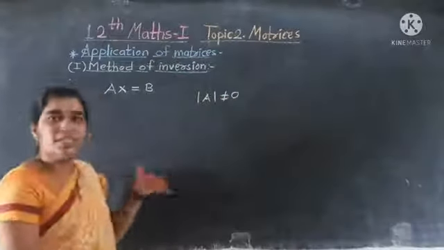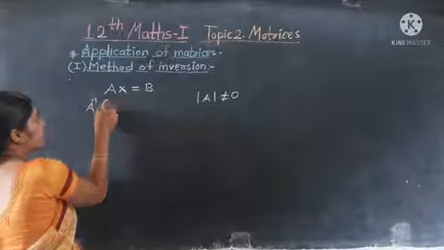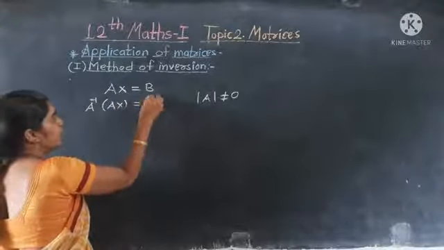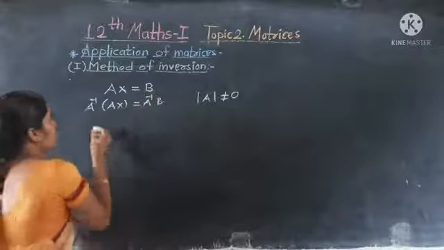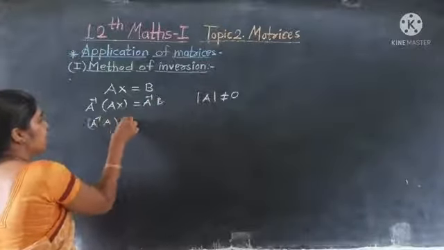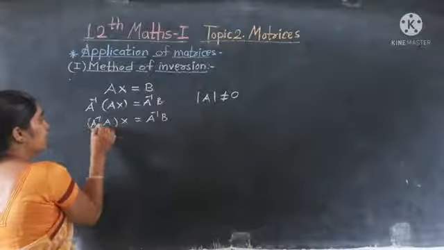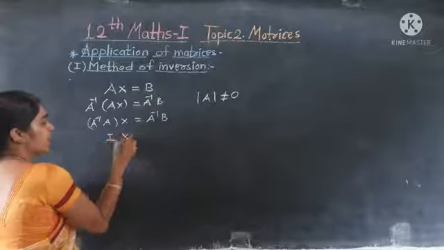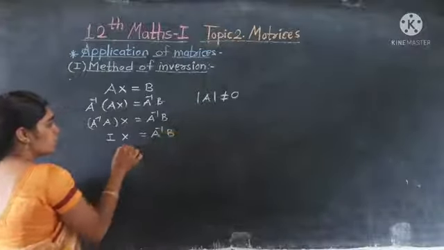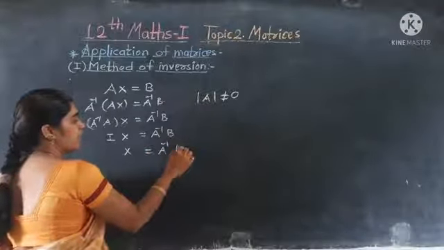So pre-multiplying by A inverse: A inverse into AX is equal to A inverse into B. A inverse into A into X is equal to A inverse B. A inverse A is nothing but I, so IX is equal to A inverse B. The identity matrix into X is X. So X is equal to A inverse B.